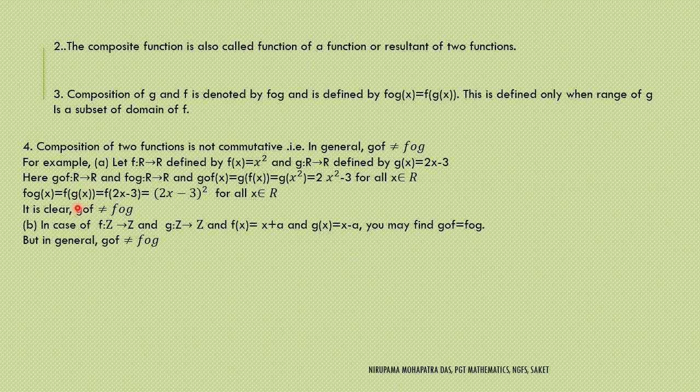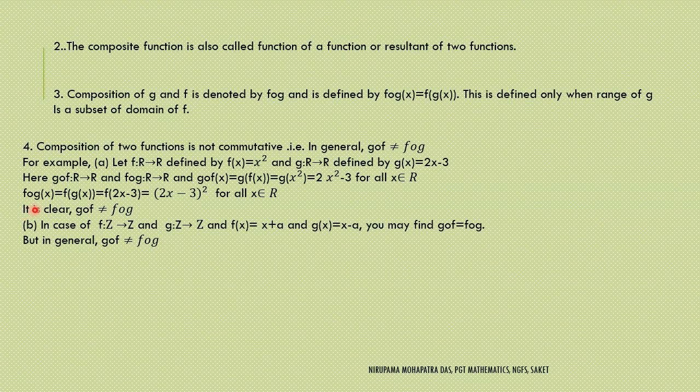So G of F(x) is G(F(x)). G of F(x) means what? x square. So G of x square. You see the rule, g(x) equal to 2x minus 3. If I write g(x square), it will be 2x square minus 3, where x belongs to the set of real numbers.